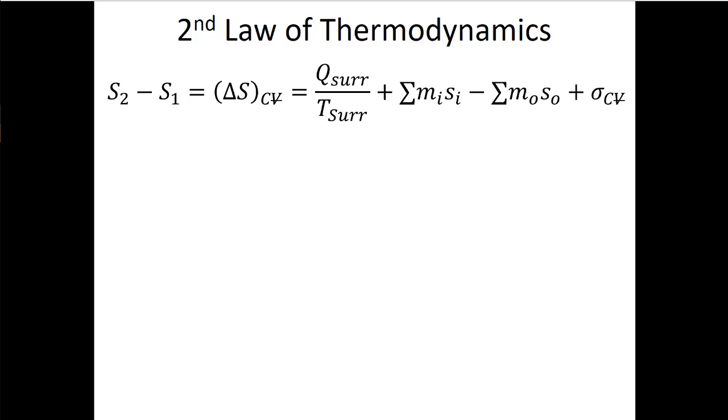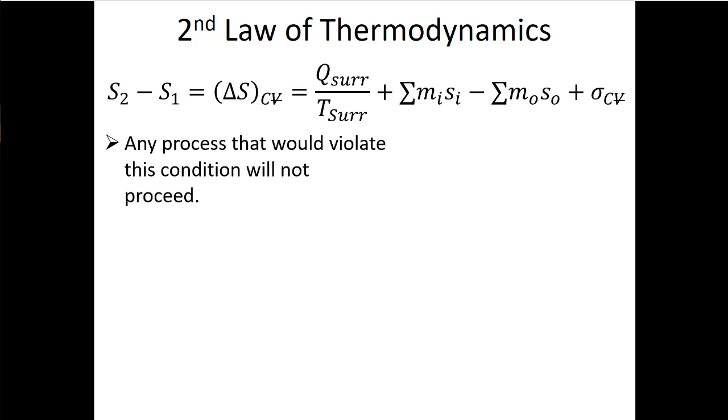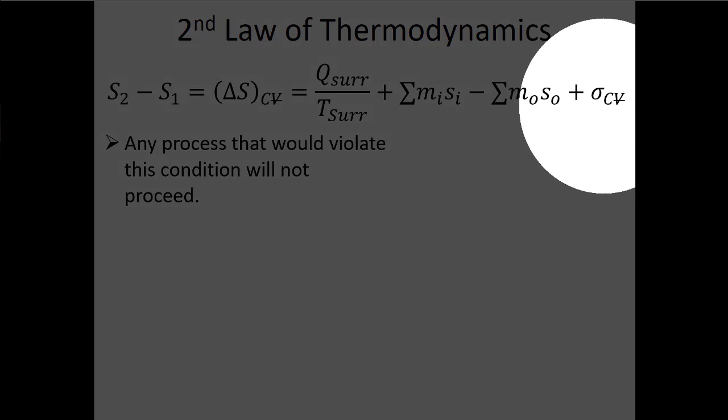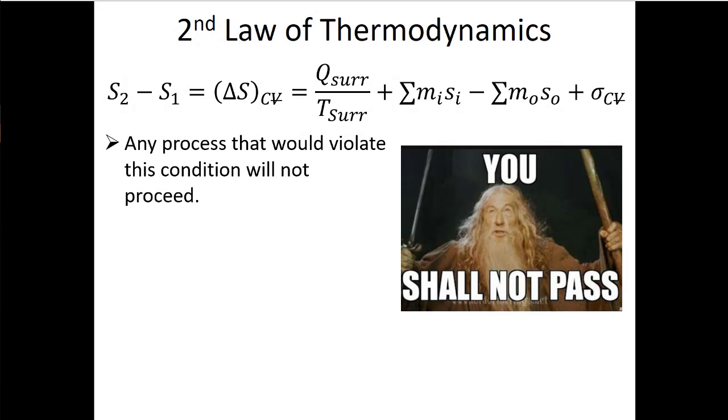right? So in order for a process to happen in real life, it has to satisfy conservation of mass, it has to satisfy conservation of energy, or the first law, and it has to satisfy the second law. So in order to satisfy the second law, this number, sigma, has to be positive. So if it does not satisfy conservation of mass, the first law, and the second law, then this process cannot happen.